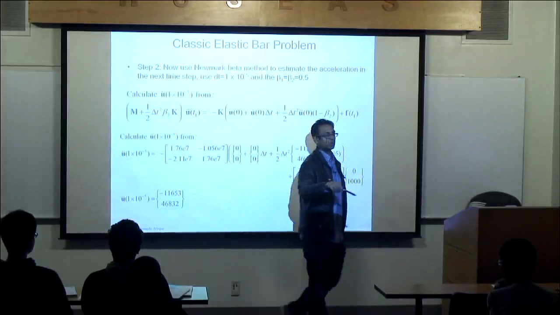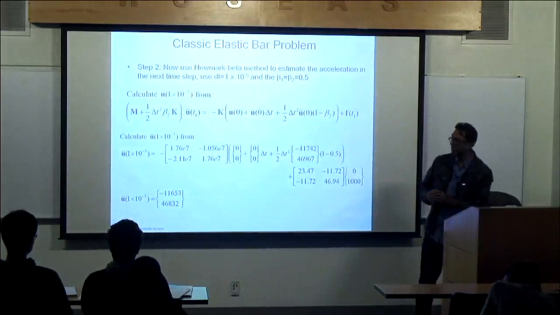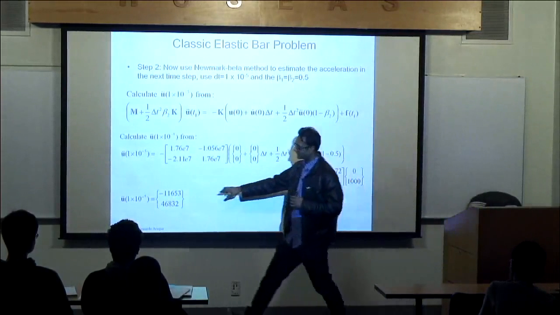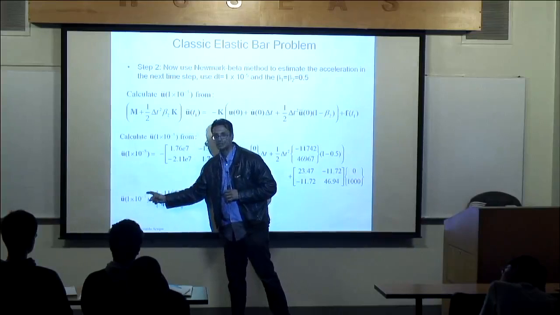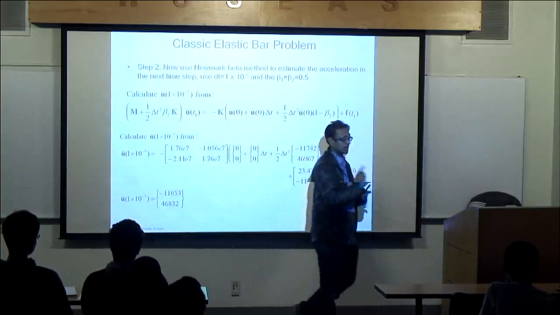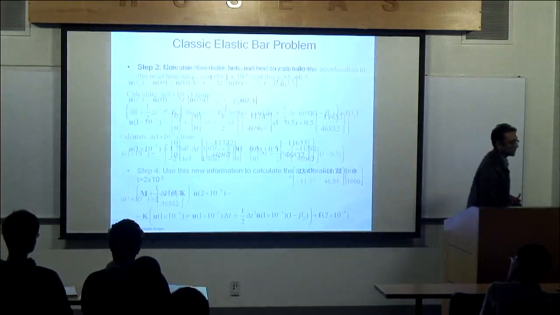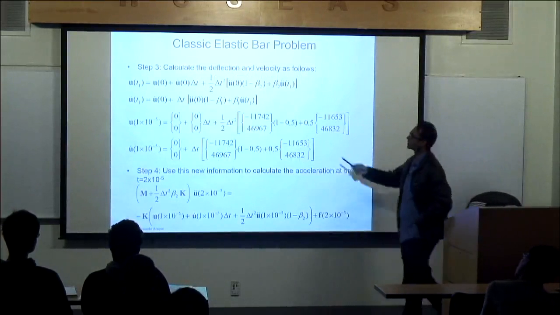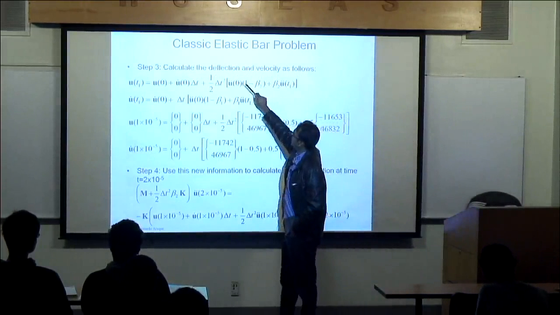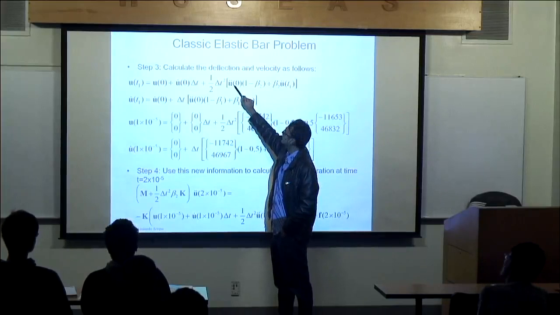Now I want to know what the displacement is. Remember, I don't know what the displacement is at this time, at 1 times 10 to the minus 5. I don't know what the velocity is. I want to know that now. And so to calculate that, I just use the formulas. I know the accelerations at t equals 0.